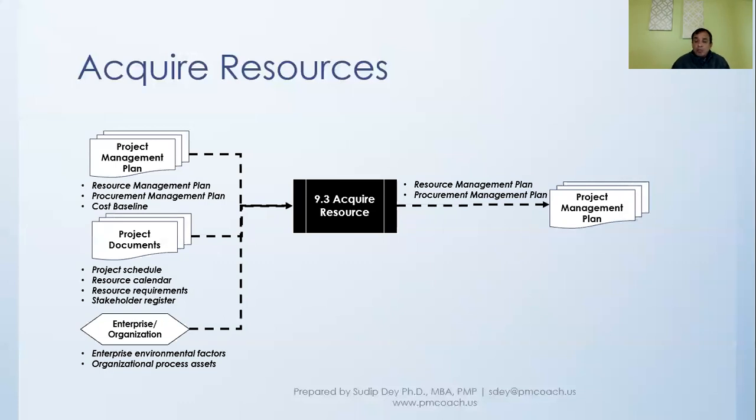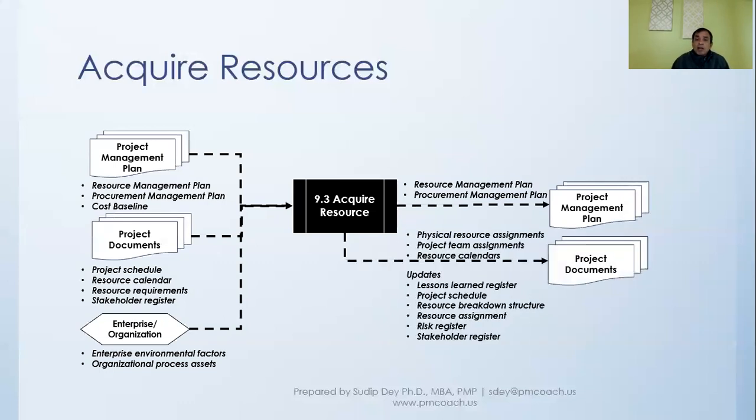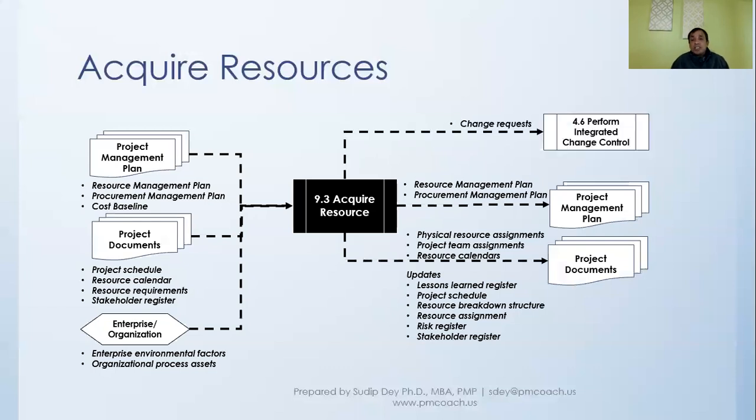Similarly, the resource management plan will get updated. There might be updates on the project documents or new project documents, like resource assignments and team assignments. And then there might be change requests as well, which will go into the change control process.